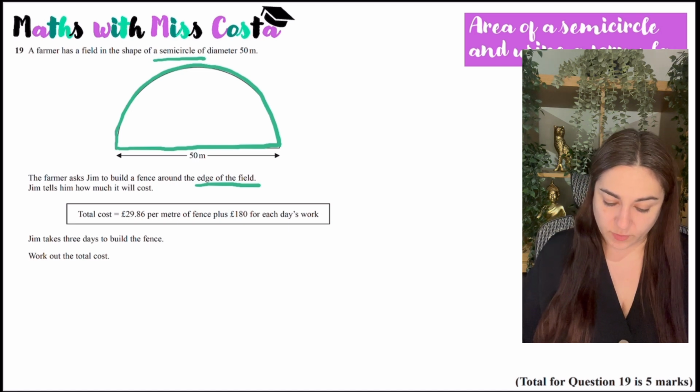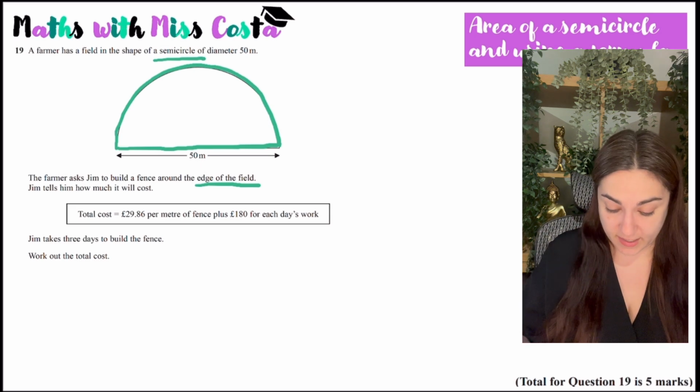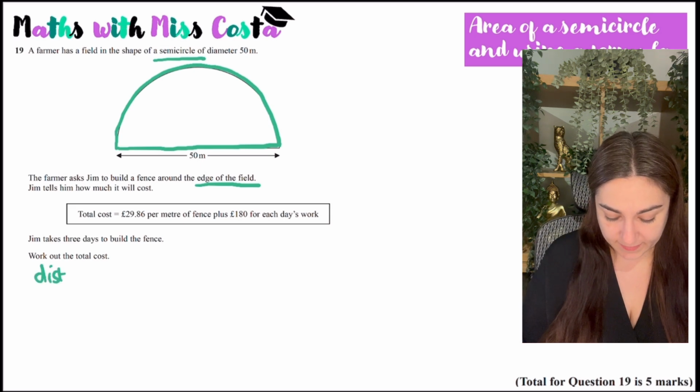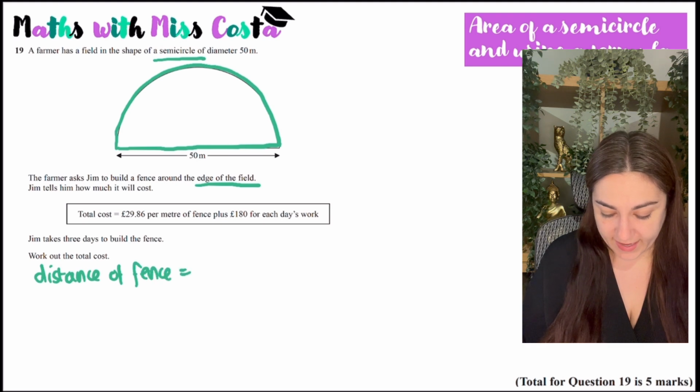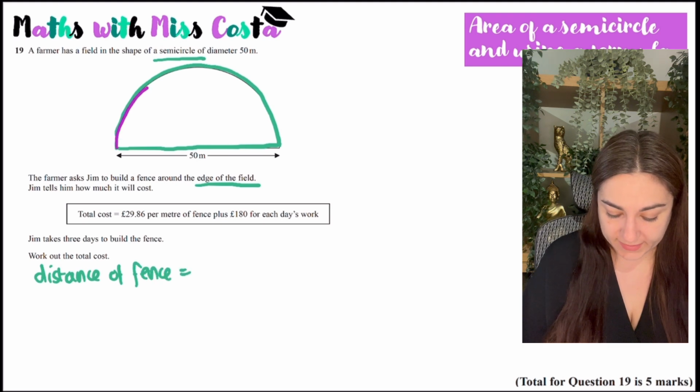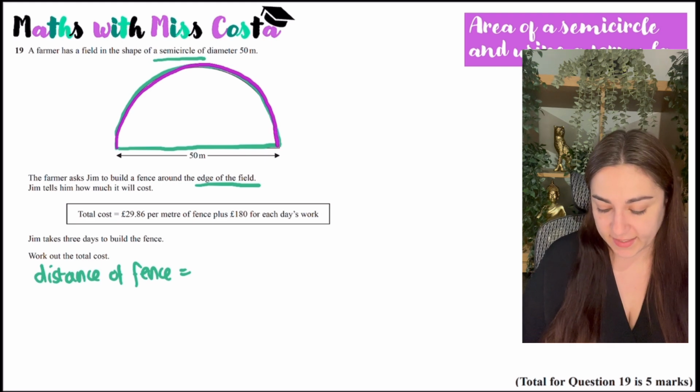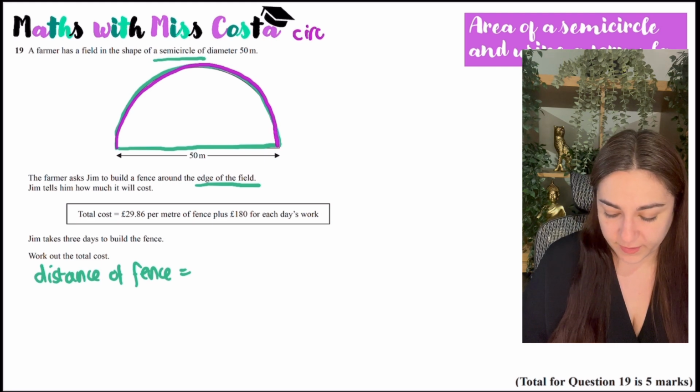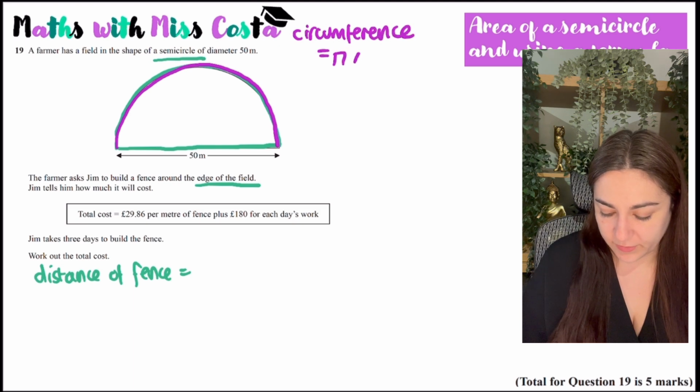Okay, so first of all, I'm going to need to work out what the distance of the fence is going to be. So how do I work that out? I'm going to need to find out what the circumference, or what the perimeter of this half circle is. So to work out the circumference of a normal circle, I do pi times the diameter.